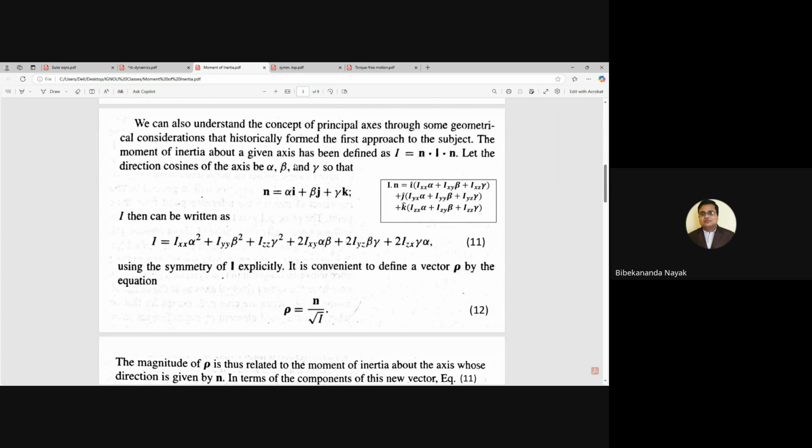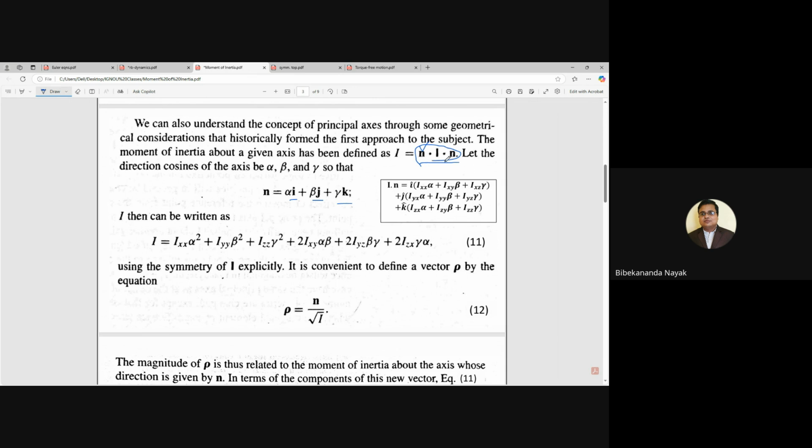So we already wrote that I is equal to n I n. If we assume the n vector is given as alpha i cap plus beta j cap plus gamma k cap, where alpha, beta, gamma are coefficients, then what will be its value? I dot n is equal to this, I_xx alpha.